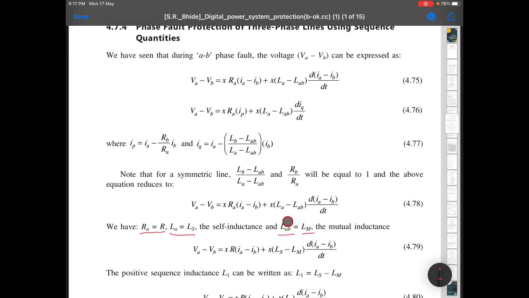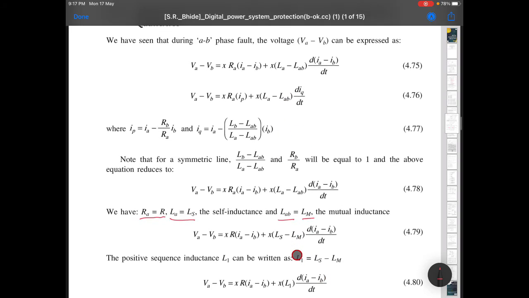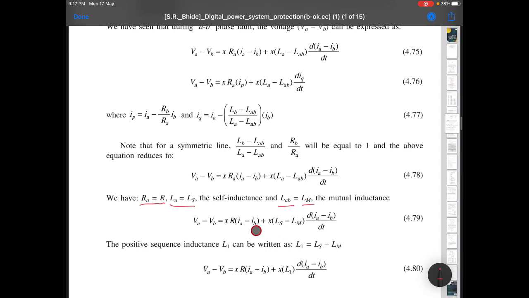Now we'll substitute it. So RA becomes R, and here LA becomes LS, the self inductance, and LAB is mutual. So using sequence quantities we had done this in the previous case, and we are doing the same thing here.